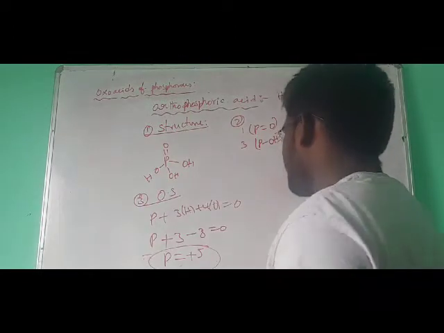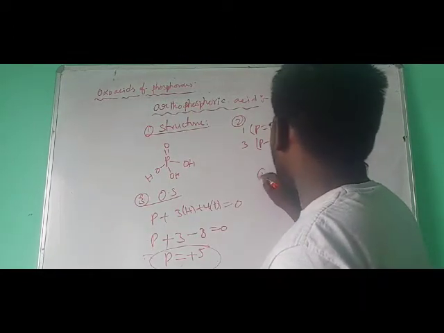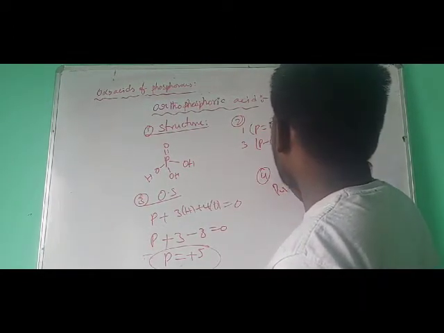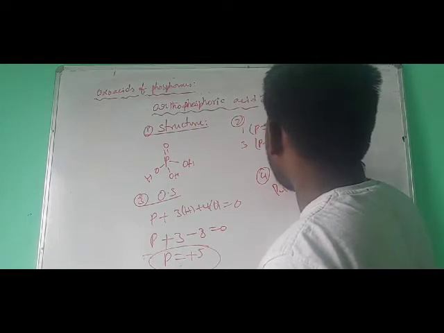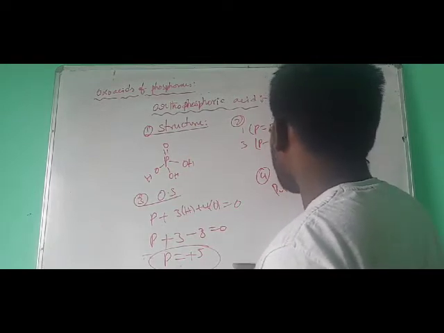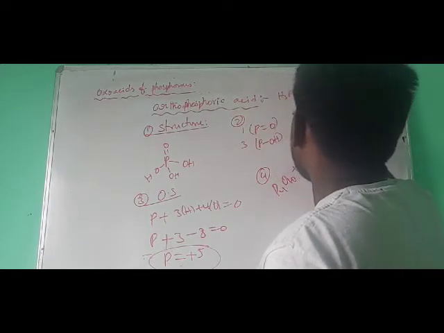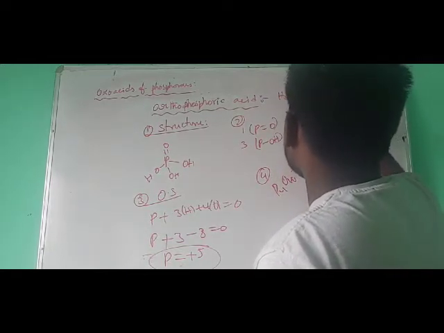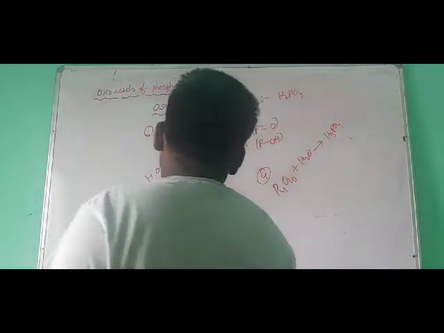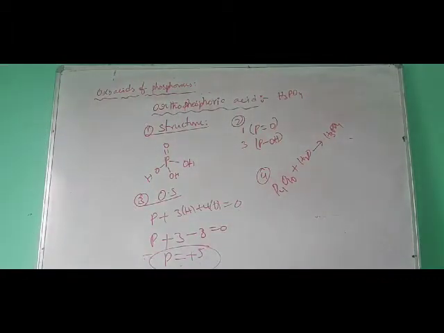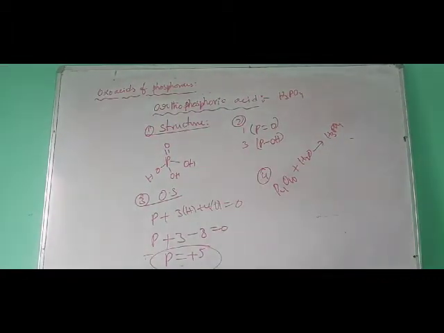Now this one is prepared by treating P4O10, phosphorus pentoxide, with water. When phosphorus pentoxide is treated with water, we can get H3PO4. And the next one, guys, what about the geometry and hybridization of this molecule?